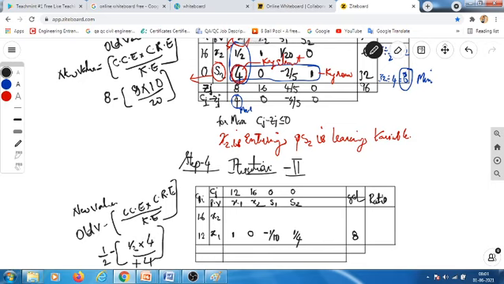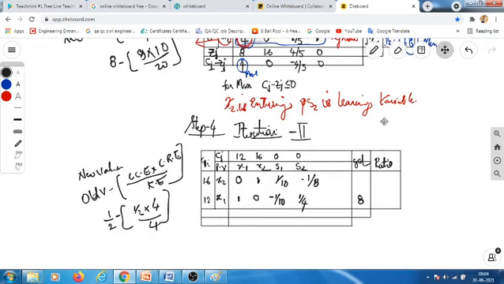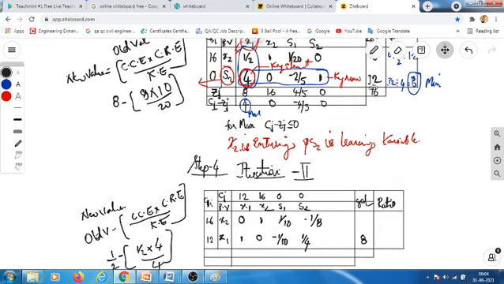If we substitute, 1 by 2 minus 1 by 2, we get the value as 0. Similarly, for this we get 1. This is 1 by 10, again minus 1 by 8. We get these values. Here it will be equal to 2.